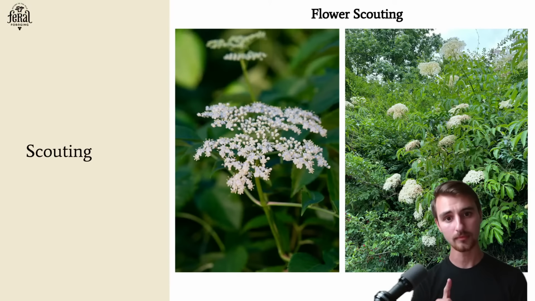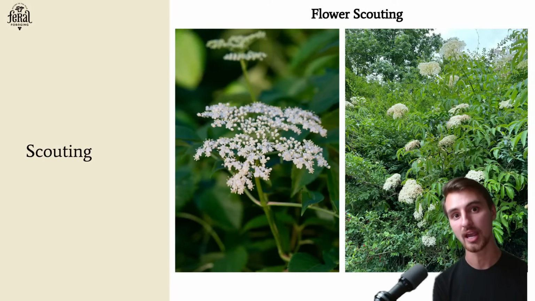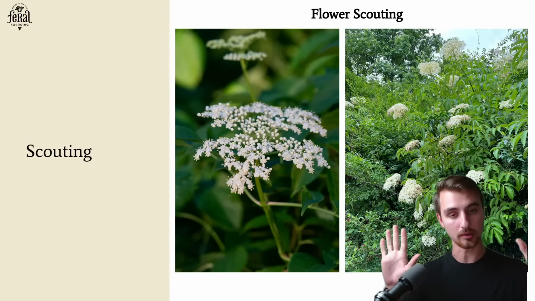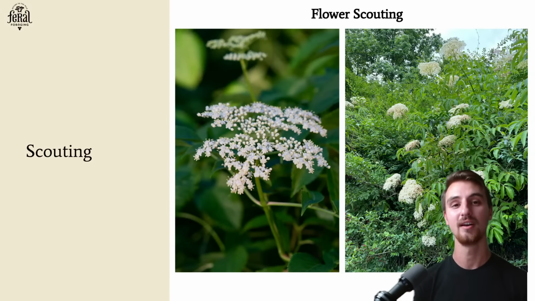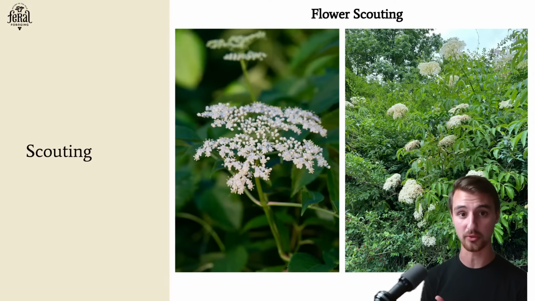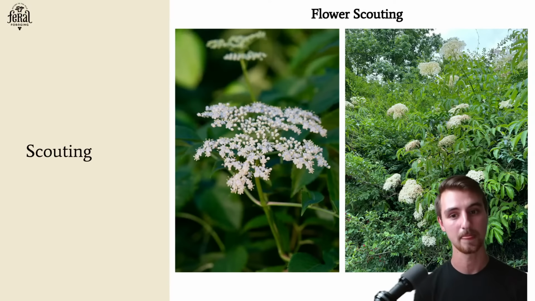So, I don't scout for elderberry at the same time that I go foraging for elderberry. Those are two distinct times because the flowering window is the best time to be scouting for elderberry, but the fruiting window is the best time to be getting the fruits. But you can forage for both the flowers and the fruits, by the way. So that is one example.